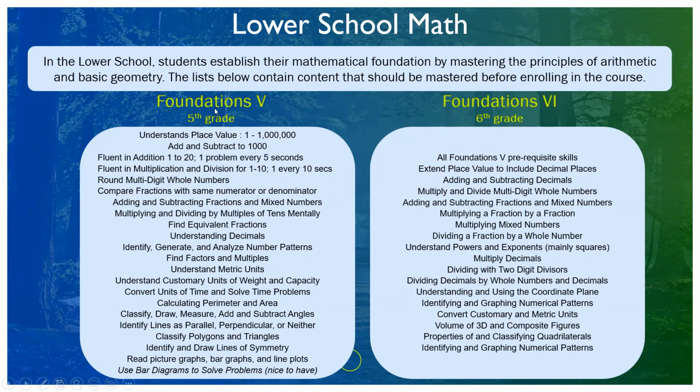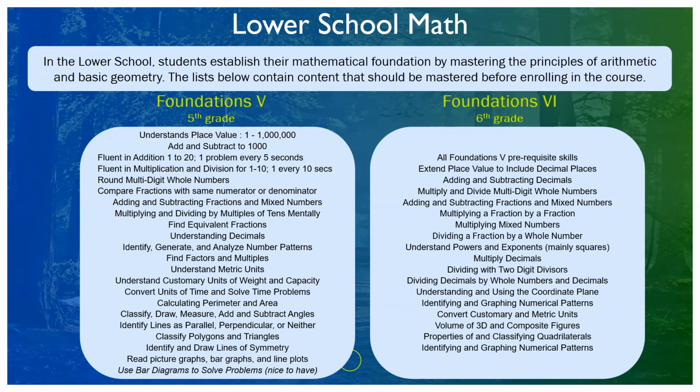The bubbles that are under each course show the skills that we expect students to have mastered before enrolling in the course. So for example, for Foundations 5, we expect students to already understand place value from 1 to a million. And then they are also able to add and subtract 4-digit numbers. This is important because in this year, they're going to be studying more advanced concepts in mathematics.